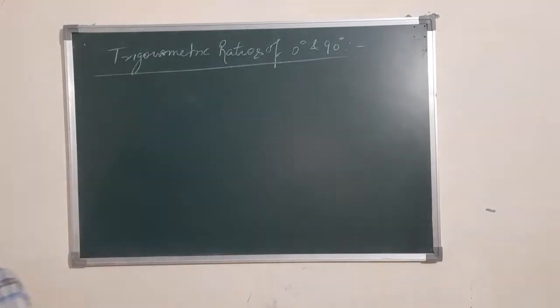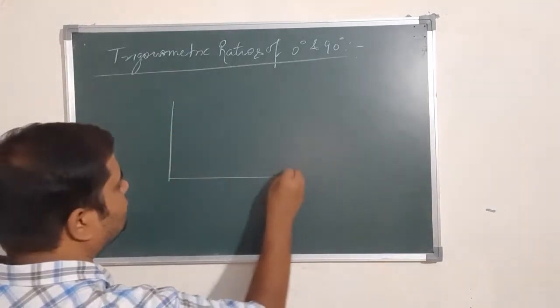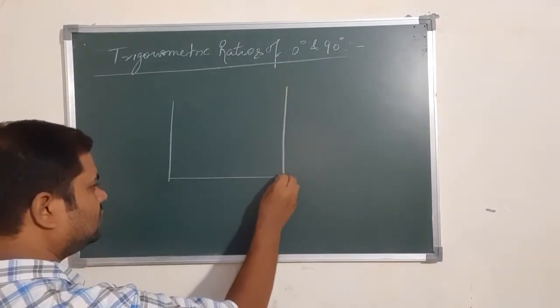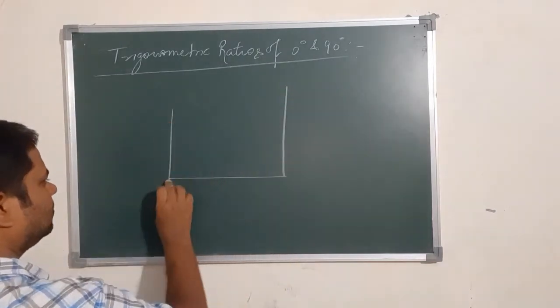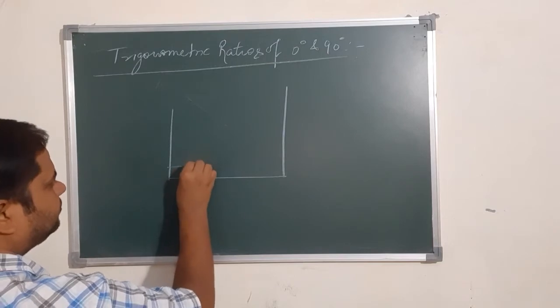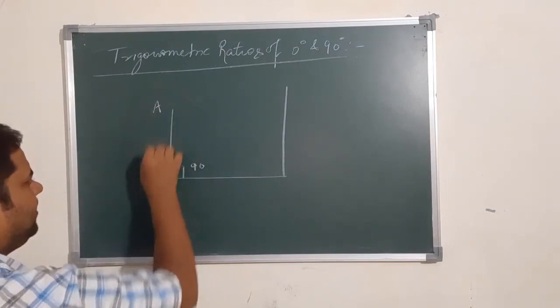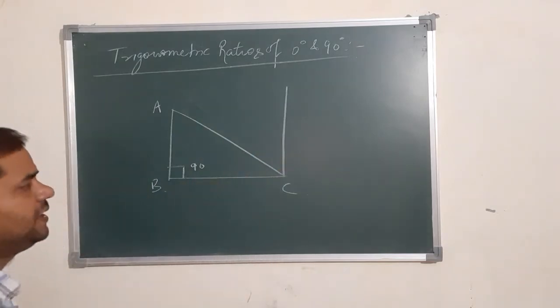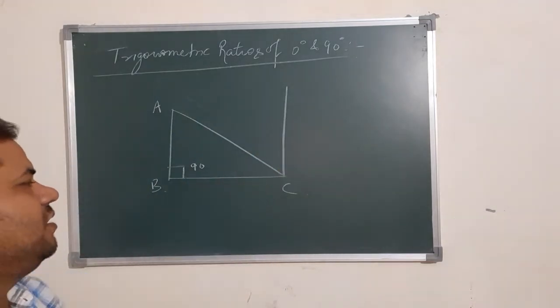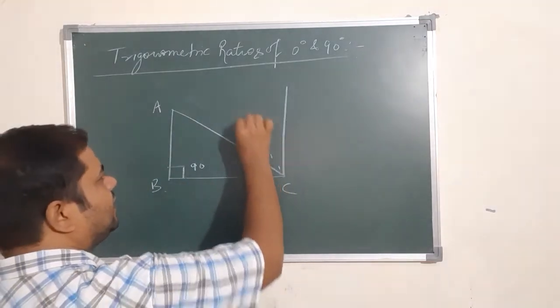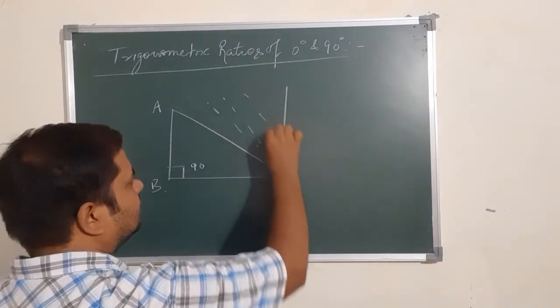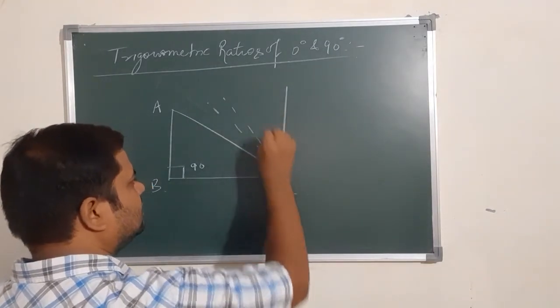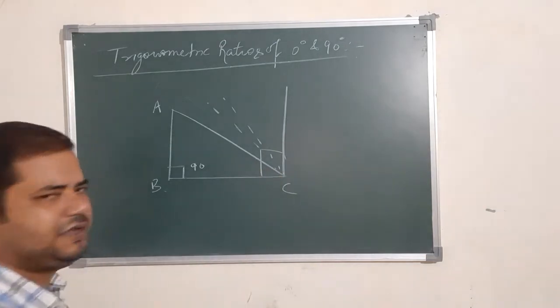In a triangle A, B, C, this angle of consideration becomes 90, then only this is of 90.